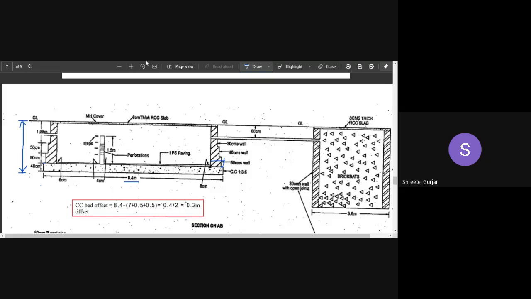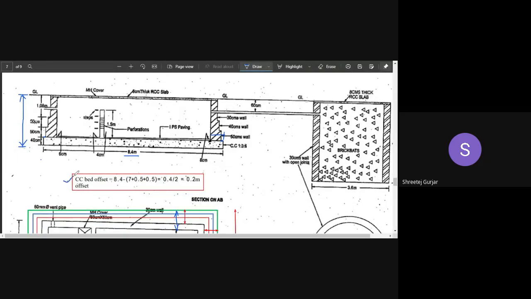So what I'll do is I will calculate over here. You can see I have written a calculation. CC bed offset is equal to this 8.4, which is given, minus this entire thing from here to here. If you subtract and then divide by 2, you will get this offset. So how much is this distance?